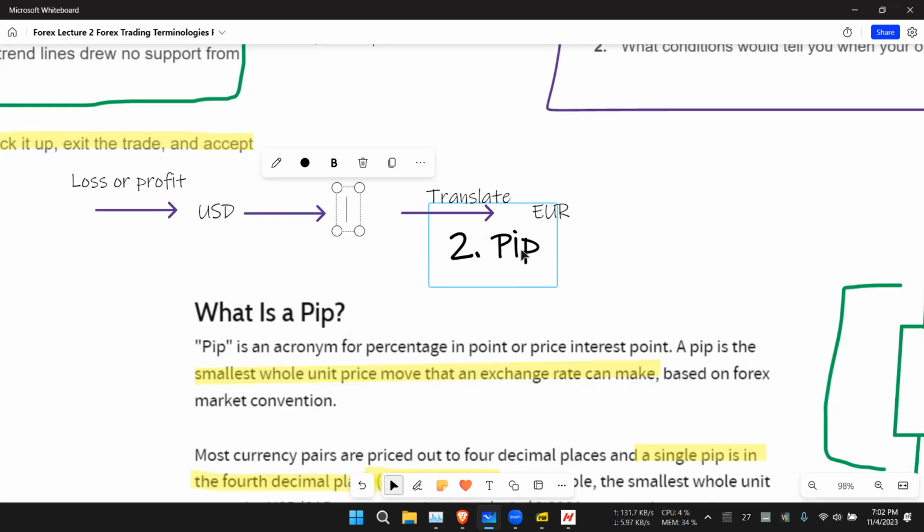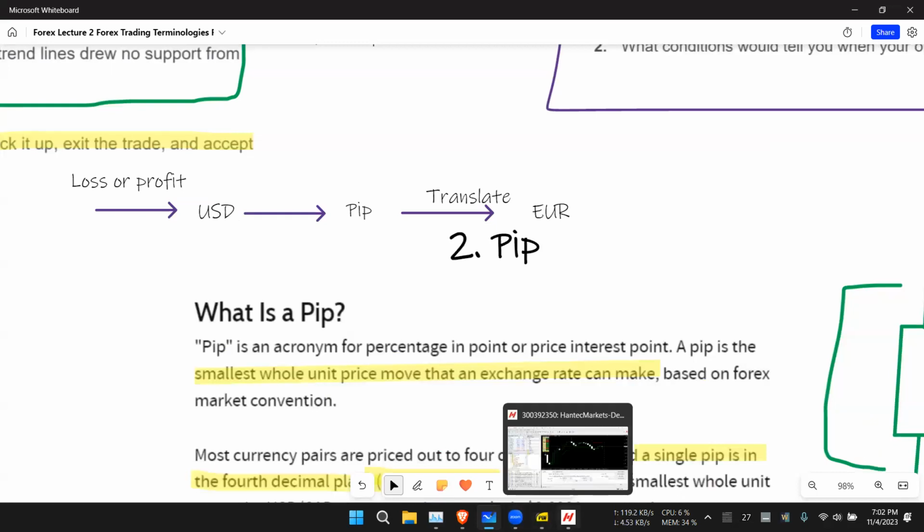Got it? And this is where the PIP actually comes in. The PIP allows us to convert one currency into another currency so we can actually compare the currencies with each other, right? This is the starting question that you asked me when we were starting with Forex in our first lecture.